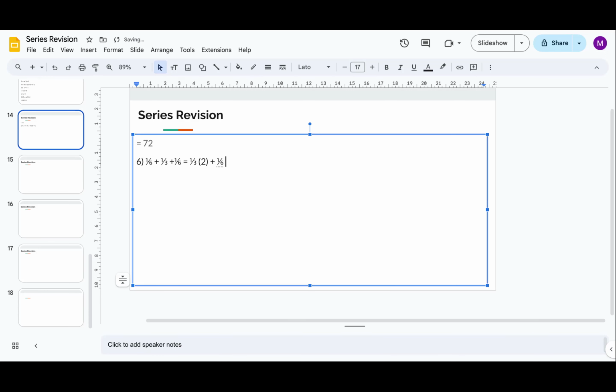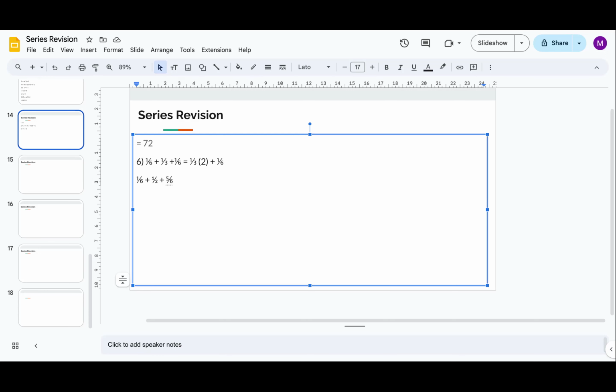Okay, now I can simplify these and it will give me 1 over 6 plus 1 over 2 plus 5 over 6.